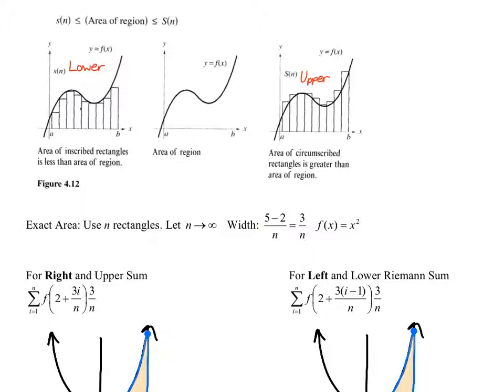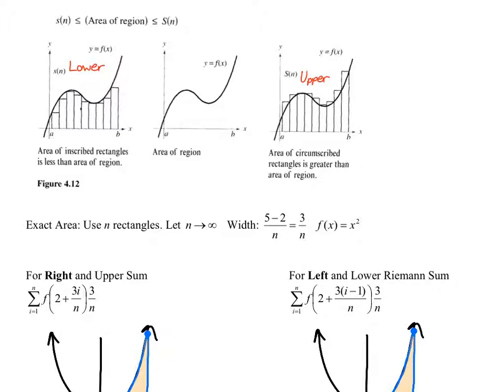Well, it went from 2 to 5, so it had a width of 3. So if there are n rectangles, each of those rectangles is going to have a width of 3 over n. So if before I had 3 rectangles, so 3 divided by 3, each one had a width of 1. If I doubled it to 6 rectangles, each of them would have a width of a half. Okay?